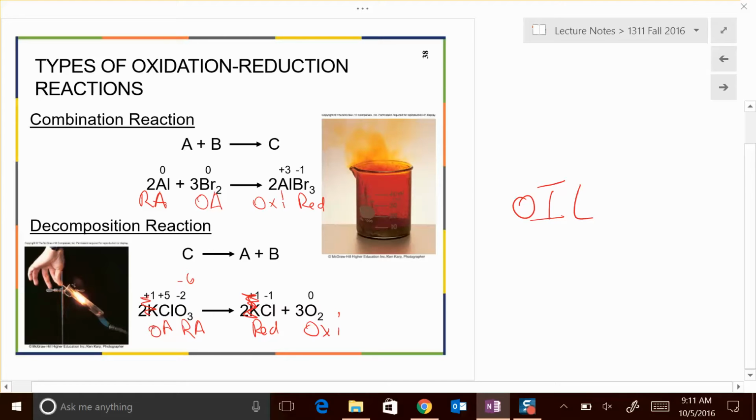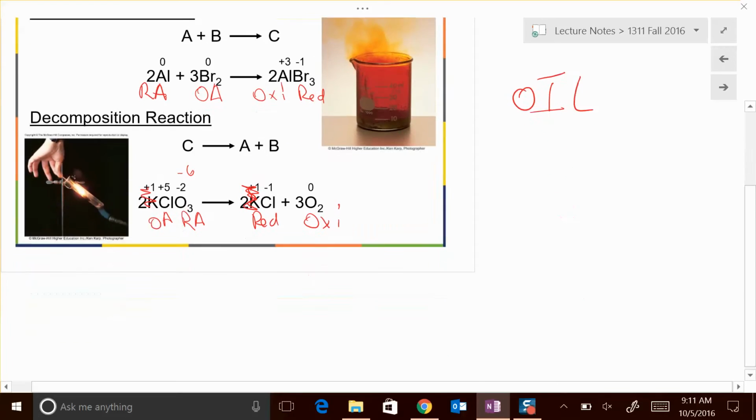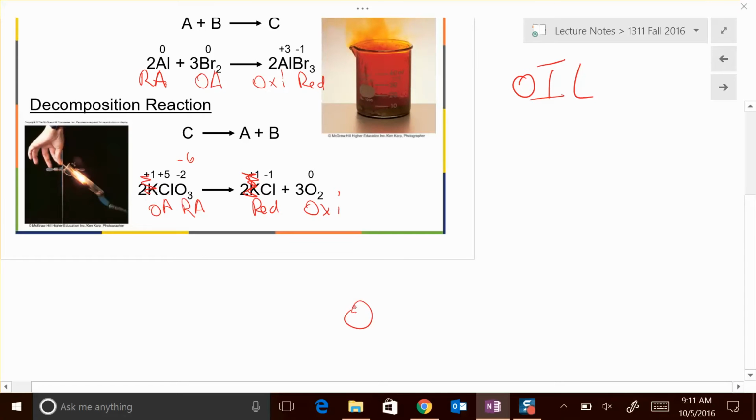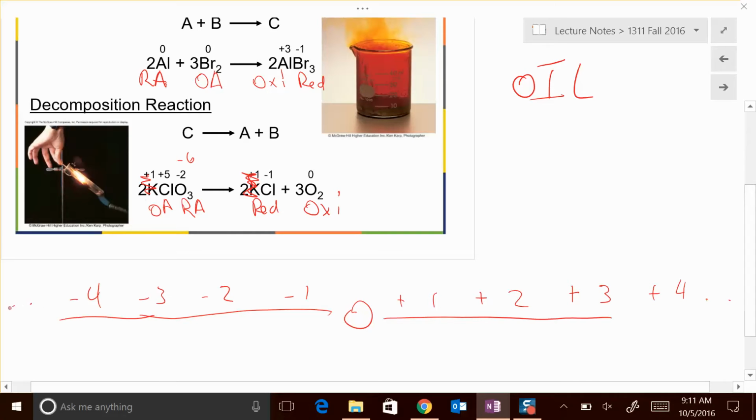Let's consider it like this. Here is a number scale: +1, +2, +3, +4, etc., and -1, -2, -3, -4, etc. Okay, so chlorine, actually let me go to +5 over here so we can use this.